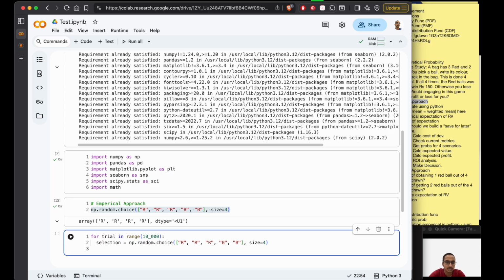And then we want to know how many reds we got.